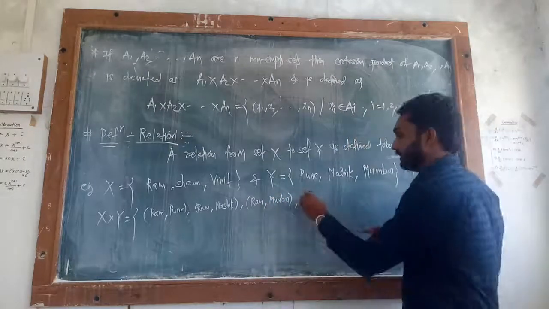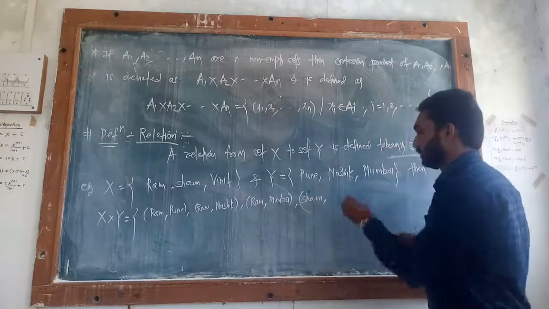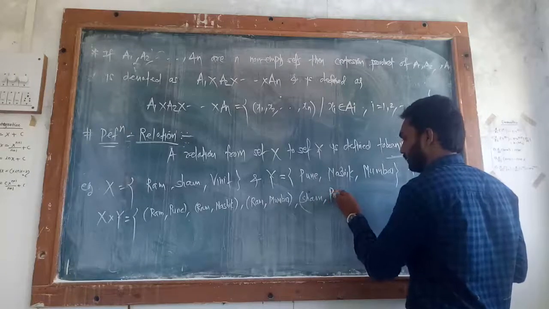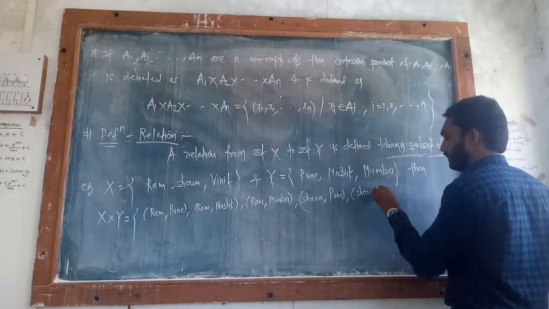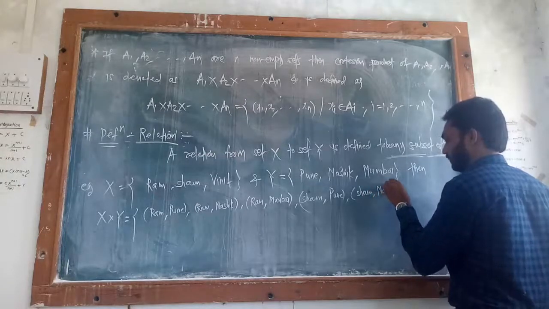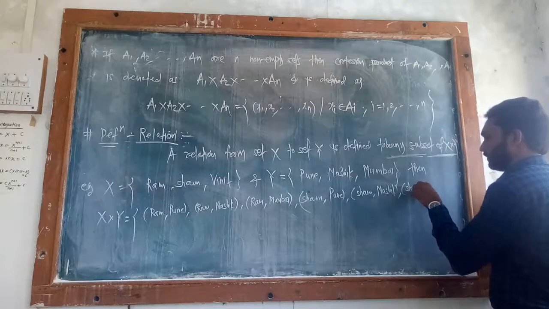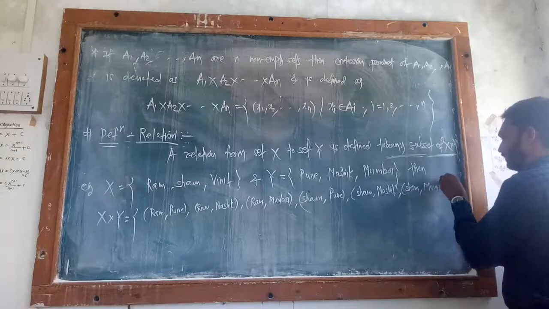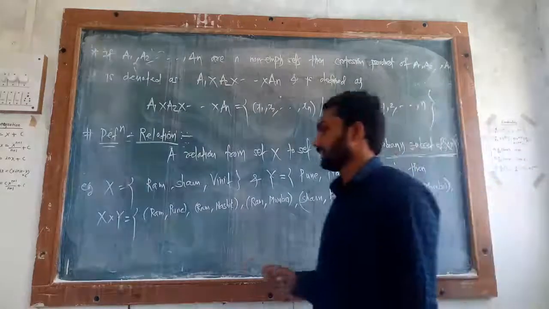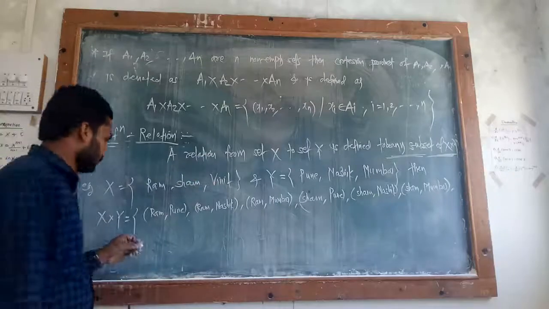Next, take the second element, Shyam. Shyam lives in Pune. Next, Shyam lives in Nasik. What is the last third one? Shyam lives in Mumbai. Next, the last one is Vinit.